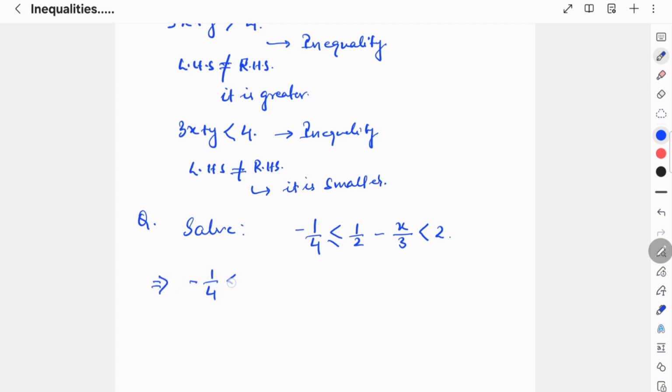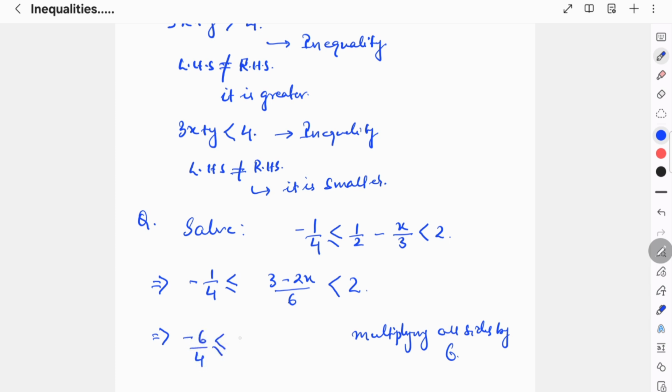Now let's solve this. First we'll take the LCM of 1 by 2 and x by 3. So LCM we get as 6 and then we'll have 3 minus 2x in the numerator. So now we try to get rid of this 6 which is in the denominator. So we'll multiply all sides by 6.